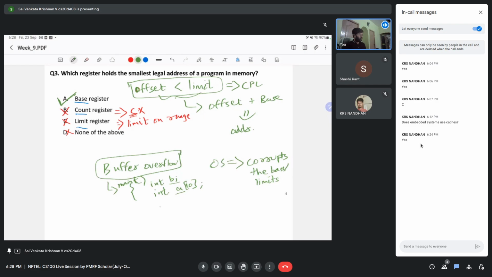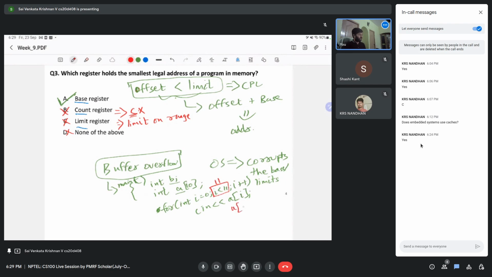Now if you loop for i equal to 0, i less than 11, i plus plus, and you're reading values into the array, this is a logical bug: there are only 10 elements in the array, but the loop is going 11 times, 0 to 10.